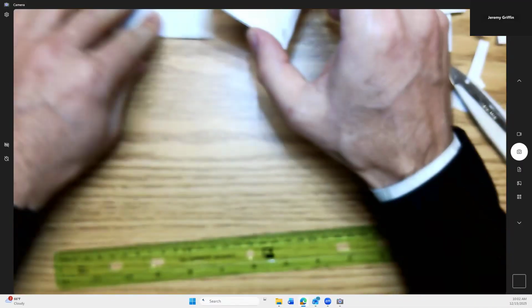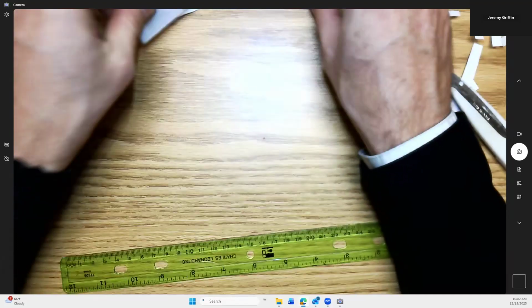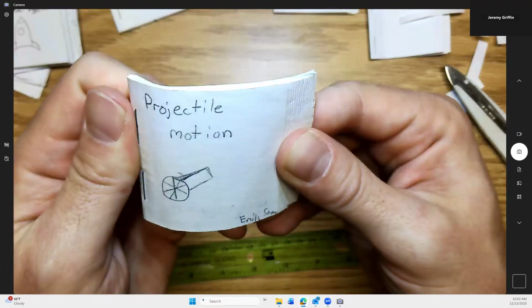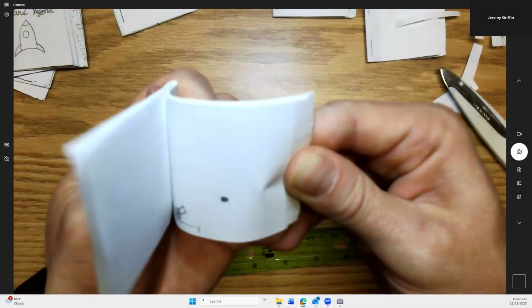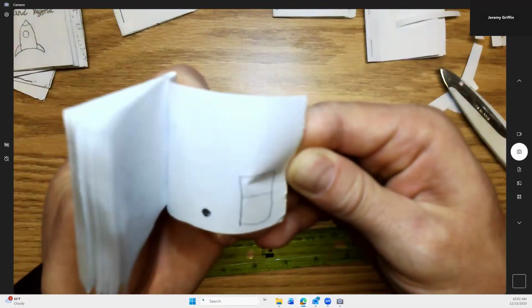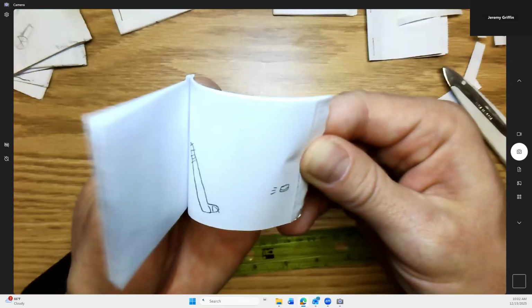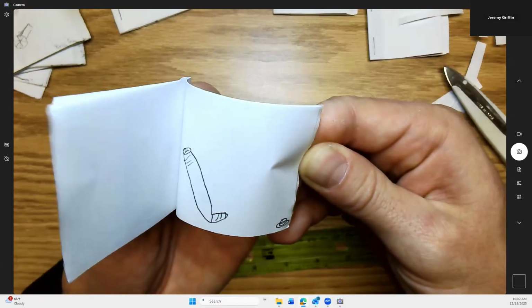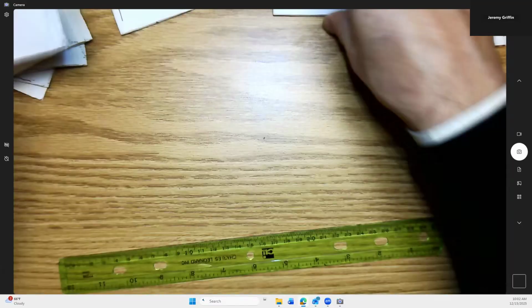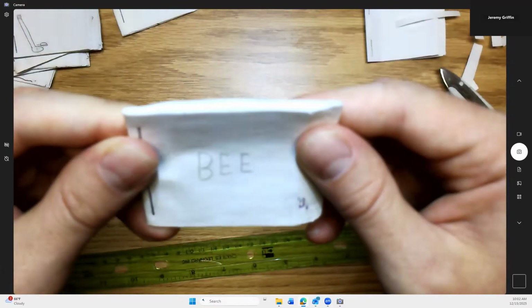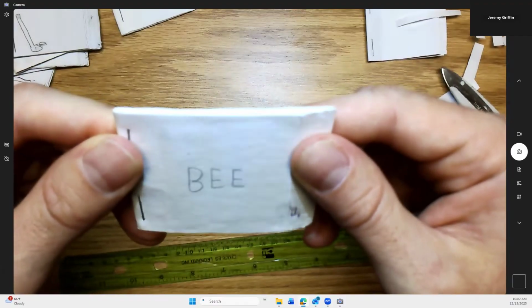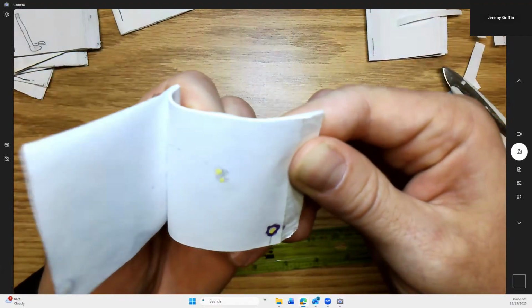That's right. Projectile. Exactly. I should know that.